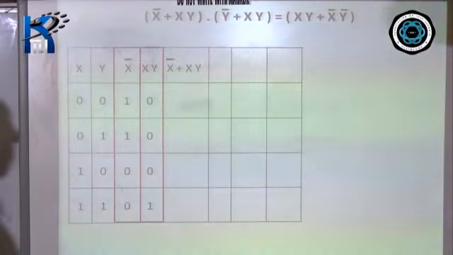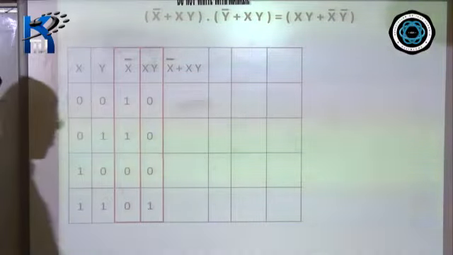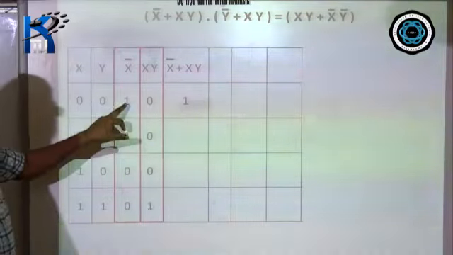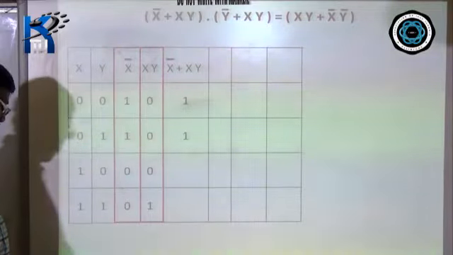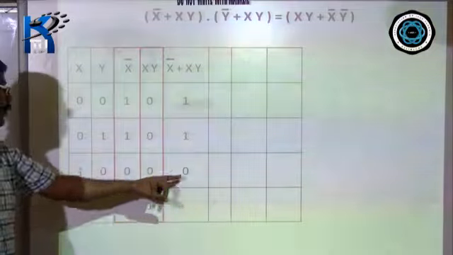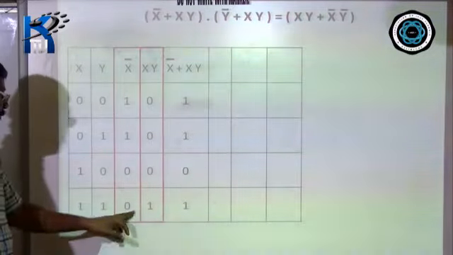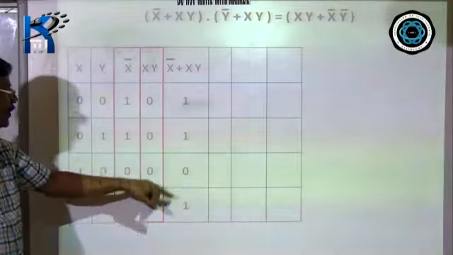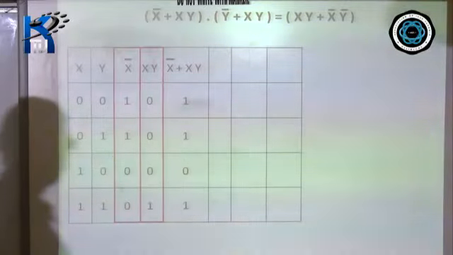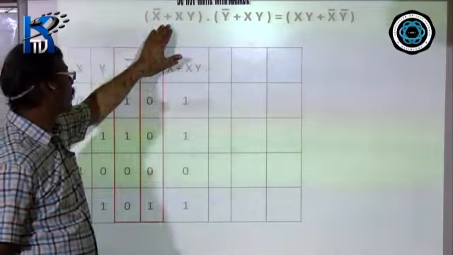In case of OR, if any of the literals is 1, the output will be 1. Only when both the literals are 0, the output will be 0. Fine. So first one, 1, 0 is 1. 1, 0 is again 1. 0, 0 is 0. And finally we got 0, 1 is 1. So x complement plus xy is 1, 1, 0, 1. Okay? So this portion is solved.